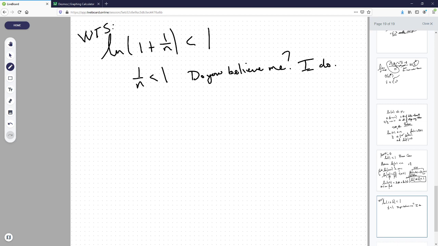So if you believe that 1 over n is less than 1, then 1 plus 1 over n is less than 2. Right? I'm not saying anything terribly insightful here. But the little detail that I'm going to go over is I'm going to say the natural log is monotonically increasing.